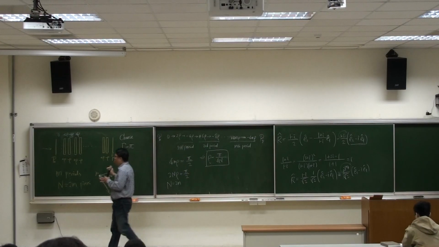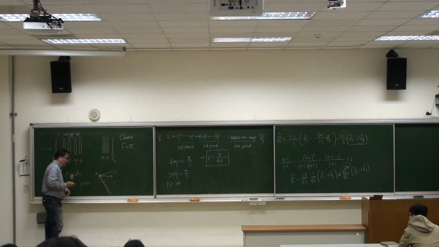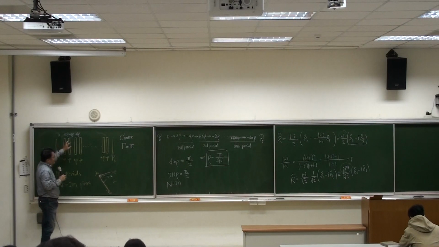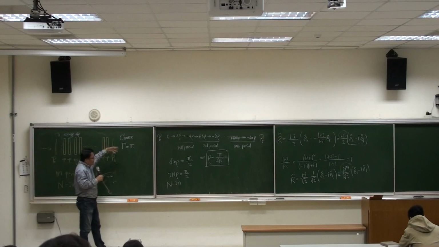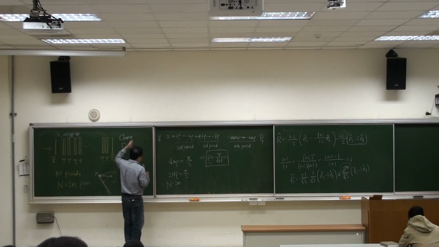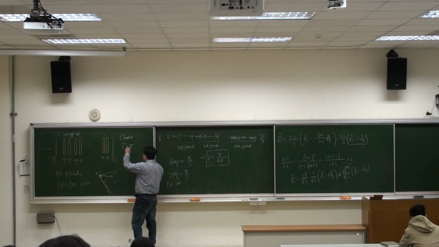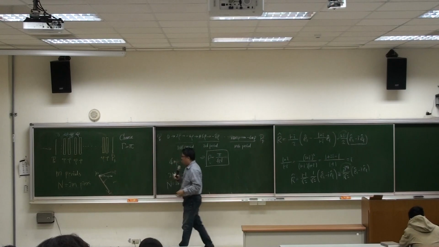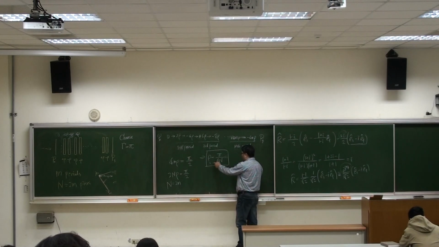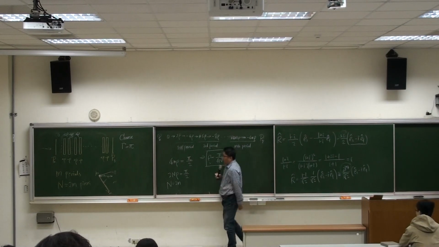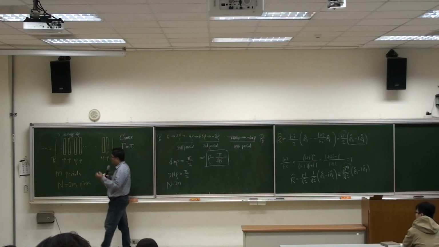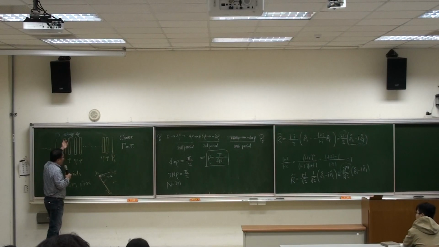If we hope this kind of situation happens, then we must choose rho to be pi over 4n. What kind of situation?